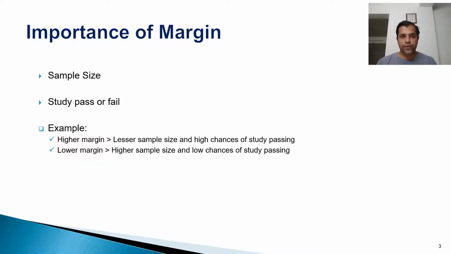Like in case of diabetes, for HbA1c, they say you can take margin of 0.6 or 0.3, 0.4. But in most of the cases, one has to calculate the margin. So that's why it becomes very important that we discuss today what are the ways for this margin calculation.